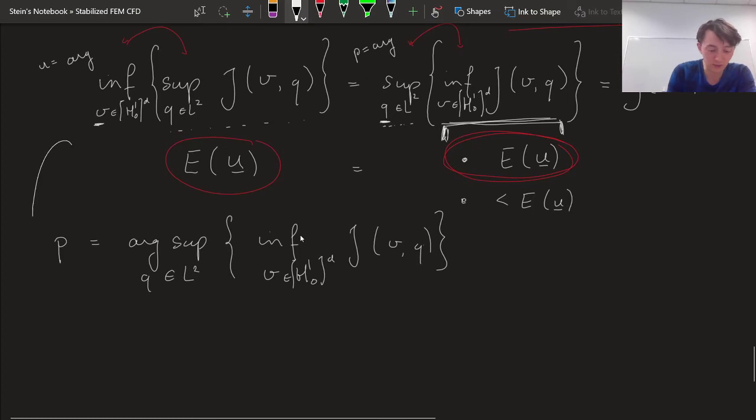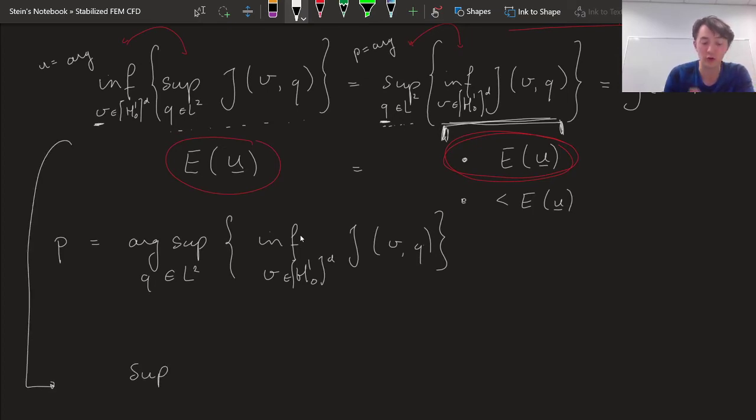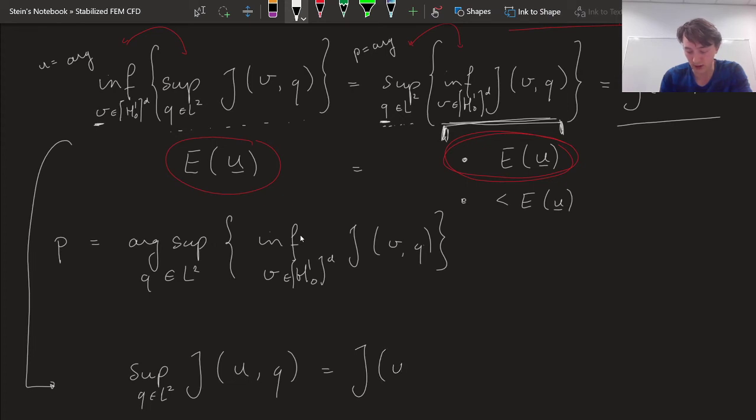So then the supremum, where I've now chosen v to be equal to u, of J(u, q), the supremum over all q, is going to be equal to the thing all the way on the right, J(u, p).